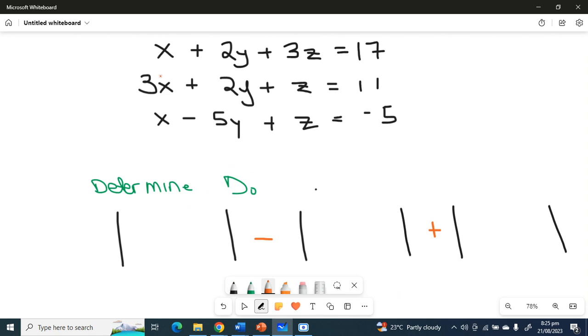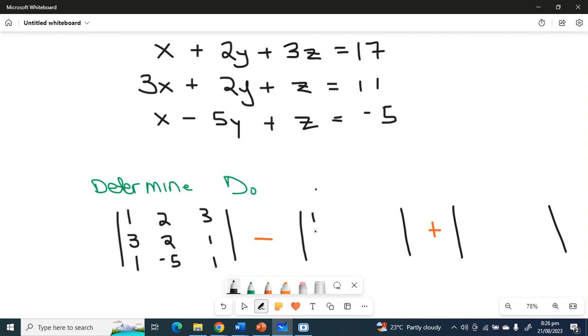So we start with our x column and put the coefficients of x, that is 1, 3, and 1. The coefficients for the y column are 2, 2, and negative 5. The coefficients for the z column are 3, 1, 1.